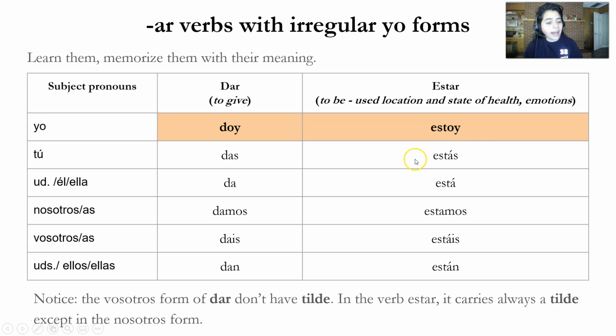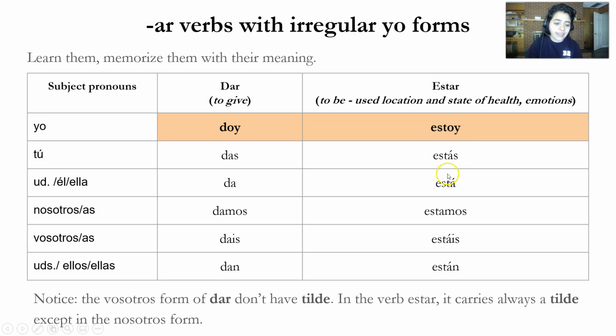Okay, and then we have the verb estar, and as you can see, this verb has tildes except in the yo form and in the nosotros form. This is the only verb from this chapter where you have to learn where to put the tildes. Because, for example, estar conjugated in the usted, él, ella form is pronounced está. But there is a demonstrative adjective, when you're saying like this is my house, esta es mi casa, that's written the same but without the tilde, and that shows a difference of pronunciation.